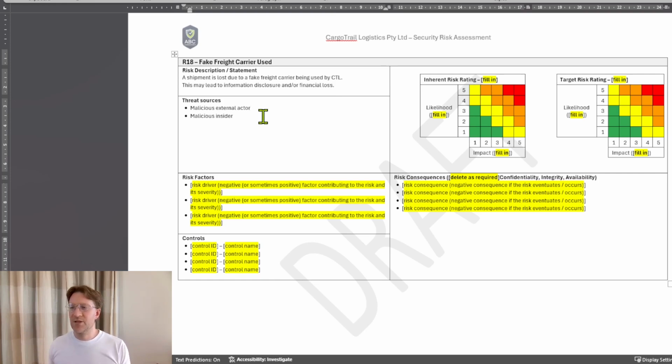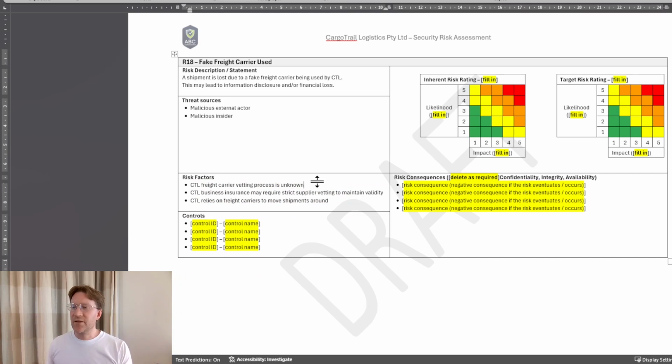We could also have a malicious insider who knows how the system works at CTL, and they either on their own, which is probably not as likely, but more likely in a group, they would collaborate together to steal a shipment, essentially book a fake freight company, and then the shipment goes off on a truck and then no one ever sees it again. In terms of risk factors, we don't know if CTL have any vetting process in place before they hire a freight carrier to do deliveries for them.